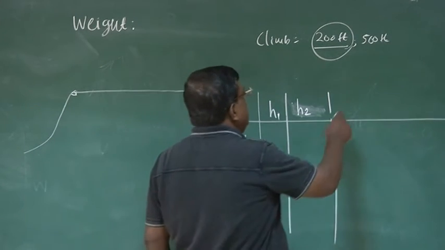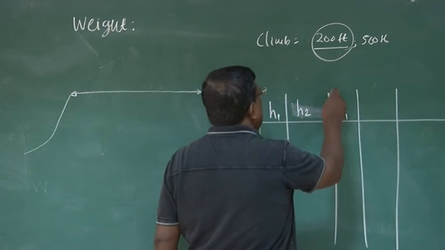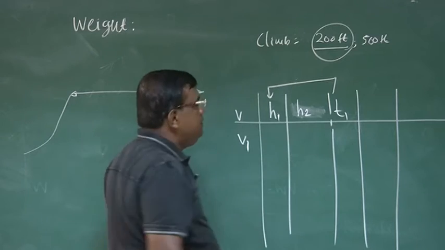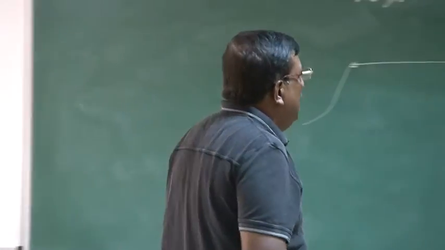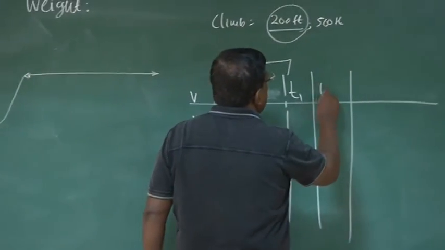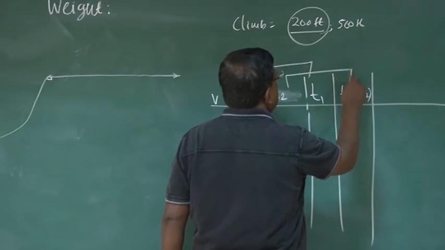But when you are doing this experiment, also note down one thing. What is the time when you have started climbing? You have a stopwatch, you start, climb. From that time, and when it has finished, that is, when you reach H2, what is that time?